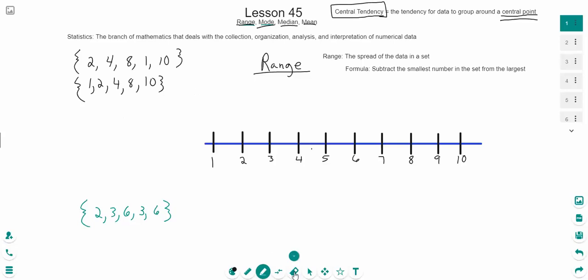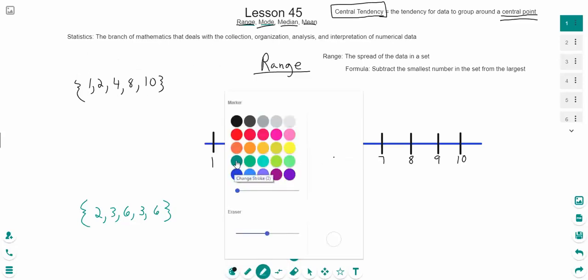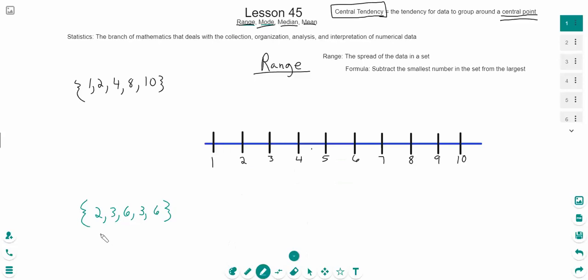All right, so maybe we'll even just erase our original set here so we don't get confused. This is now our set arranged from smallest to largest. And we'll do the same thing with our friend down here. So he's going to be a 2, 3, but then also a second 3 and a 6 and then a second 6. That'll be his ordered data set.